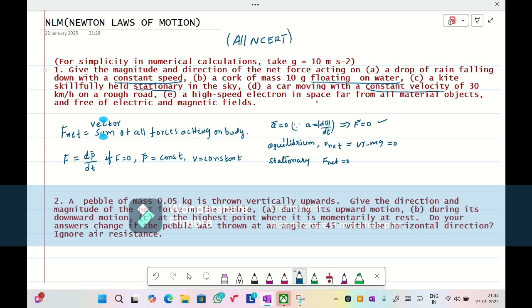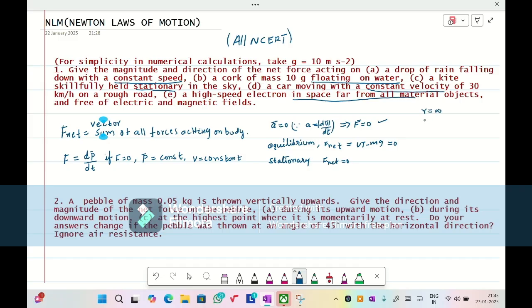The high speed electron in space far from all material objects. So indirectly it is giving that there is no matter, right? Only this electron is the material object. Far from material objects means we can take R equal to infinity.